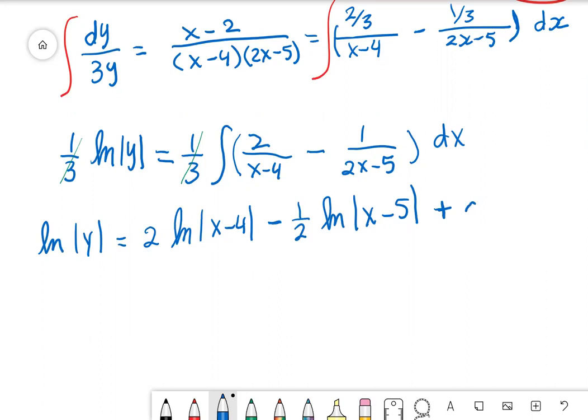And c here, because our answer was ln y equals, because we are dealing with lns, we can say we call the ln c as ln d. Okay, so we call this ln d. It's a constant, but in ln format, just to be able to deal with it. So, where we are now.